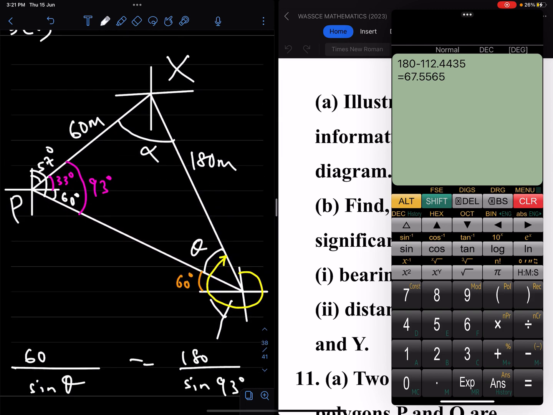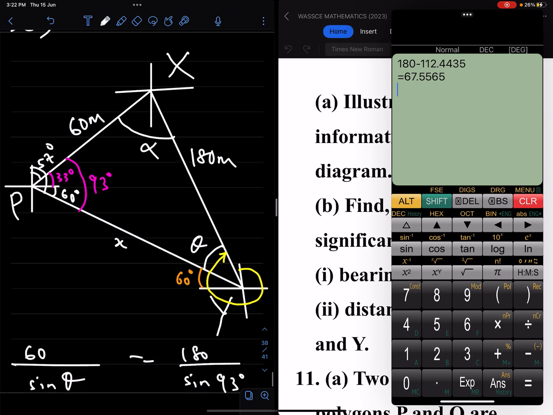Now we can find the distance between P and Y. PY is a length which faces alpha, let me just call this small x. I'm using the sine rule too. I'll say x over sine alpha is equal to 180 over sine 93. Maybe I should bring the diagram down.